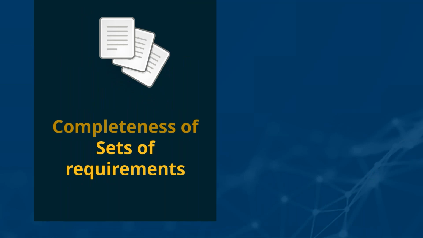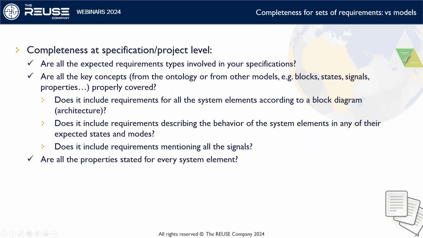So let's start with the completeness of sets of requirements. So in that case, what we ask ourselves will be, for example, are we covering all the requirement types in the specification? So related to what we saw about the NASA Systems Engineering Handbook types of requirements. Are all the key concepts involved? So considering the ontology that is or not interfaced with models, do we have blocks, states, signals involved?